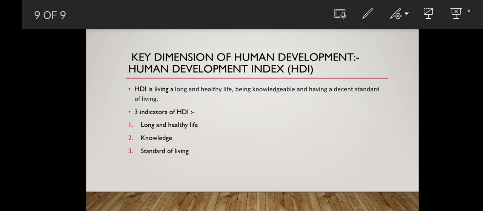The Human Development Index is used as a yardstick to measure regional development. While computing the index, three main parameters have been considered, as I mentioned earlier: long and healthy life, knowledge, and standard of living.